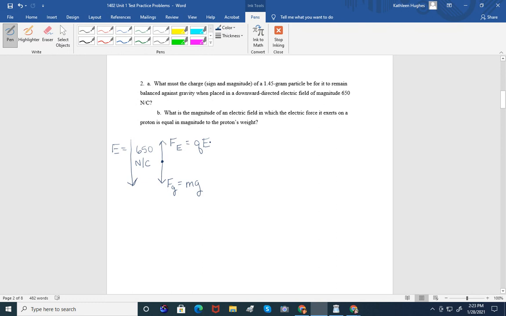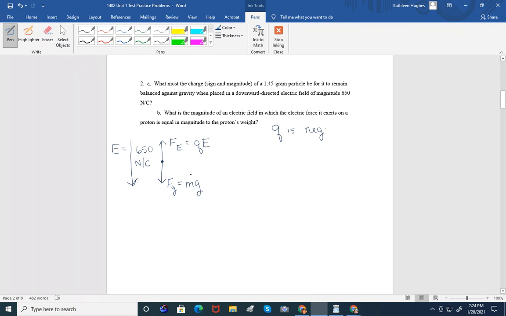All right, if the electric field points down, the force on a positive charge would be down. But the electric force here clearly has to be up. So the first thing that I know is that the particle has to have a negative charge. A negative charge will feel an upward force. All right?